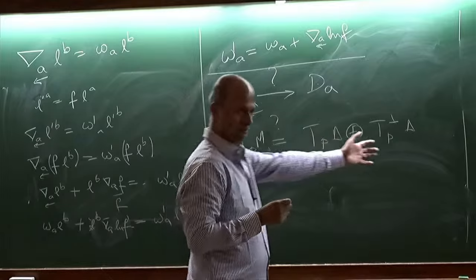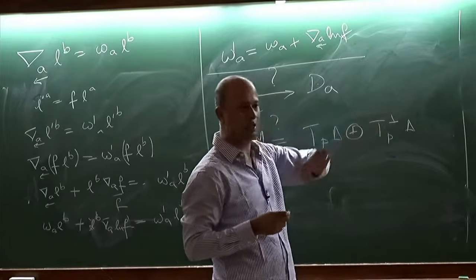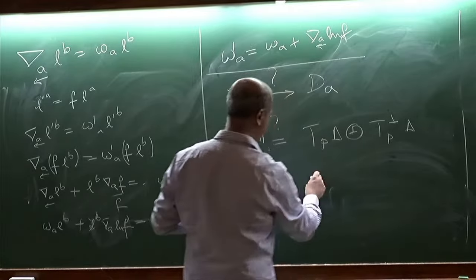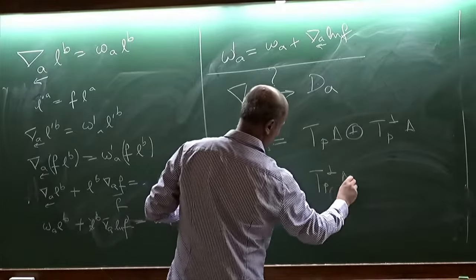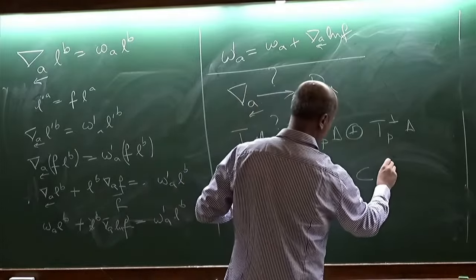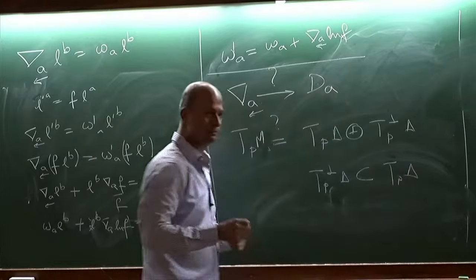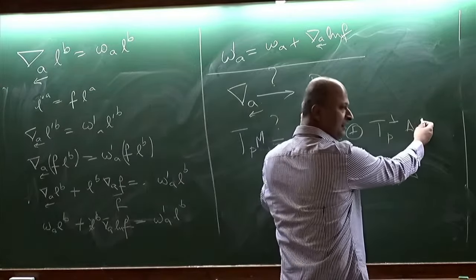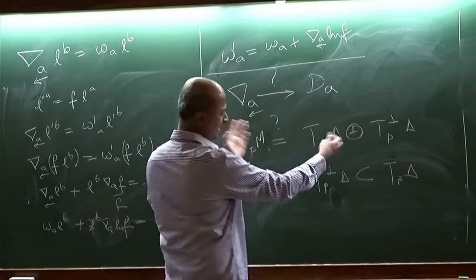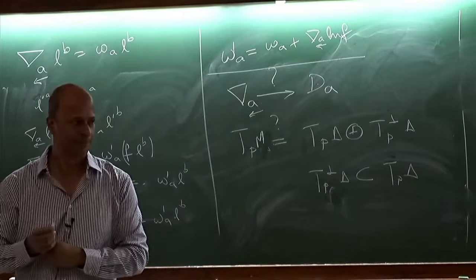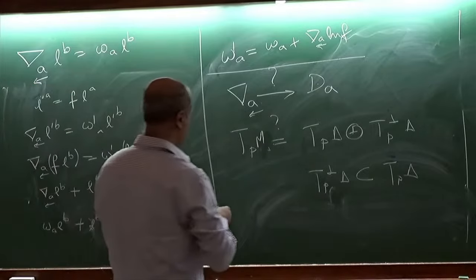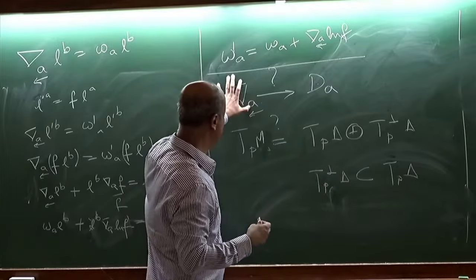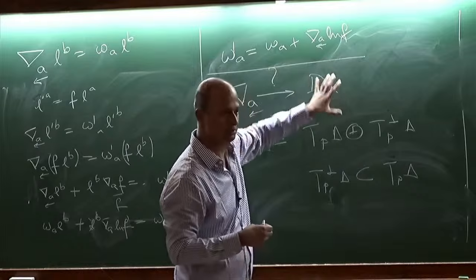This is not true here, because T_P perpendicular are the null normals, and these are tangent to the horizon. So in fact, T_P perpendicular to delta is a subspace of the tangent space to delta. This direct sum is just a three-dimensional space, while the other is four-dimensional, so they cannot be the same. Therefore we cannot do the split, and in the standard way we cannot say that this will automatically determine the derivative operator.